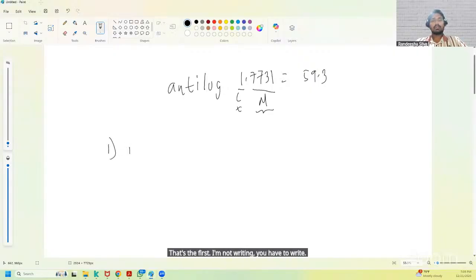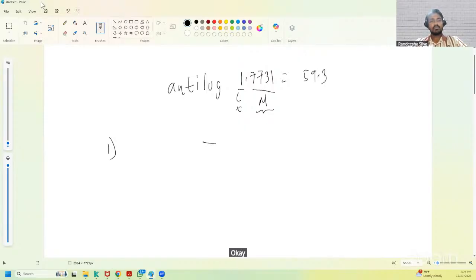Ignore the characteristic for a moment, and with a dash, write down: look only at the decimal part. Inside the brackets, write down the mantissa.